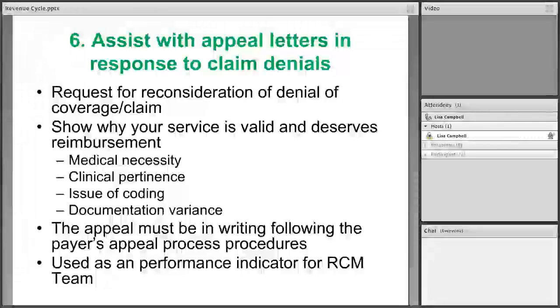All right, some additional information regarding assisting with appeal letters in response to claim denials. Again, it is very important that we show why our service is valid and why we should be paid. One thing to note is that the appeal should be in writing, and unfortunately, every payer outside of Medicare has its own policy and process for appeals.